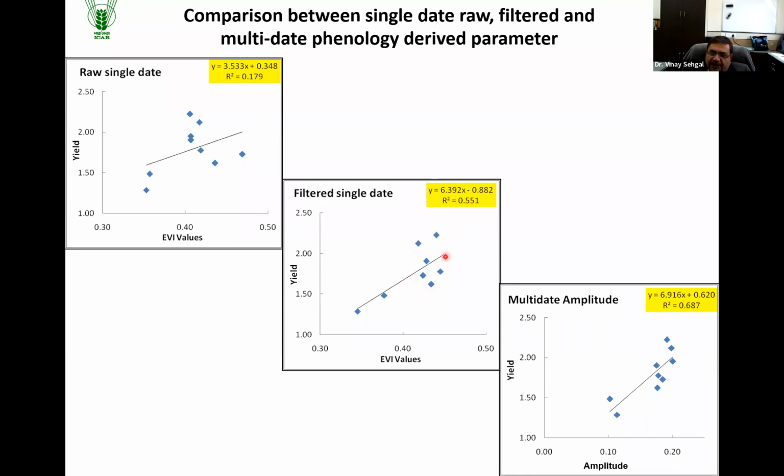But still, many of the years are clustered in one corner and two are elsewhere, so it is still not a good model. When you use the profile-based amplitude, there is a better distribution of yield versus amplitude. This shows how each pre-processing step of the satellite images improves the relation.